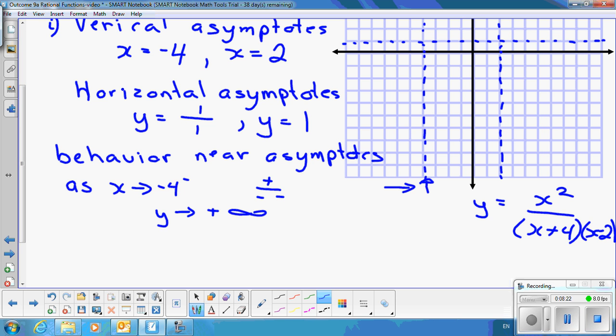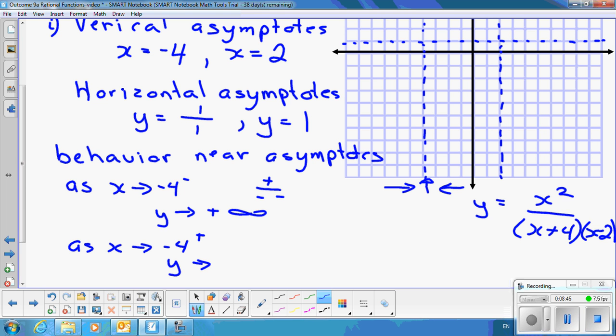So we're now going to approach that asymptote. We've looked at it coming from the left. I now want to approach it from the positive side, or from the right. So as x approaches -4 from the right, we want to look at what happens to y. So again, let's pick a number that is close to -4 but on the right-hand side, something like -3.5.